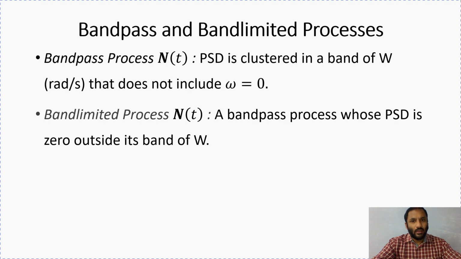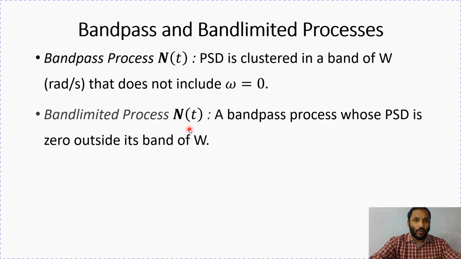It is also a band pass process, but whose PSD is clustered around omega naught, and outside the band of frequencies it has zero power. That means around zero, the power at lower frequencies is actually zero for this band limited process.